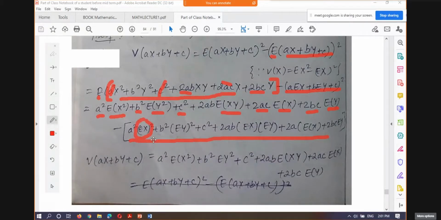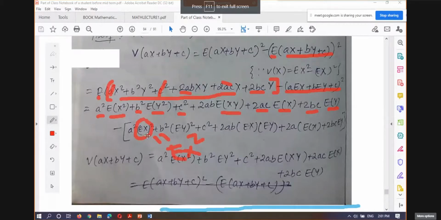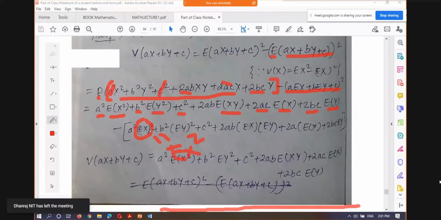Some of you write equal to expectation of x square, with x whole in brackets, expectation of x square, and they will get 0, because it is expectation of x whole square and expectation of x square. So you should take care of this thing when you are writing.